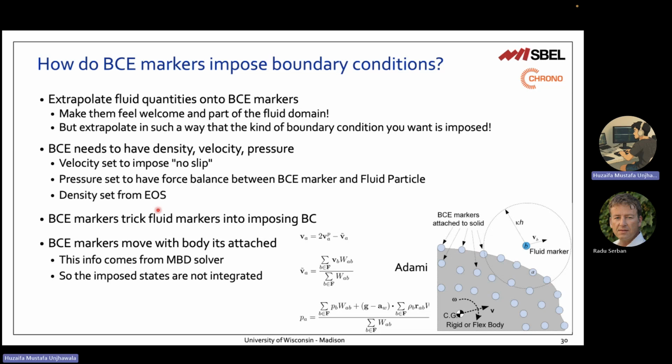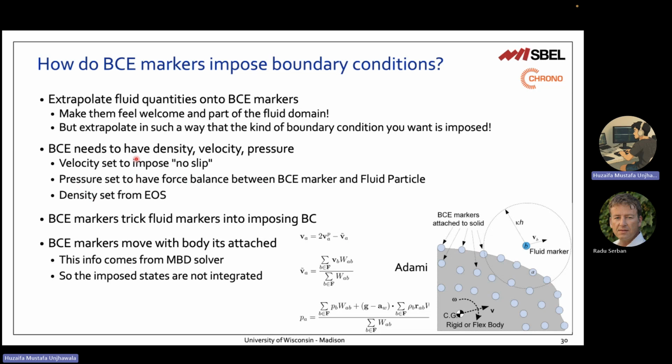Okay. So how these work is, the BCE markers are essentially fluid markers. They're just given a different name, but they have the state of a fluid marker in the sense that they have a velocity, pressure, and density. This velocity, pressure, and density is not obtained by solving any equations. That's the major difference between BCE markers and SPH markers. These are obtained by extrapolation.